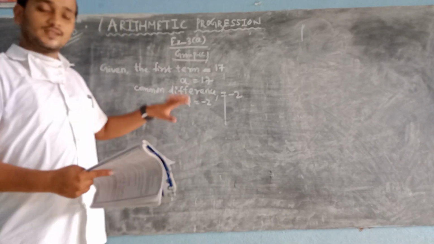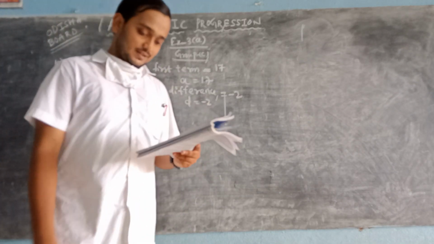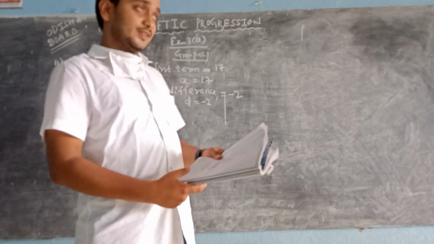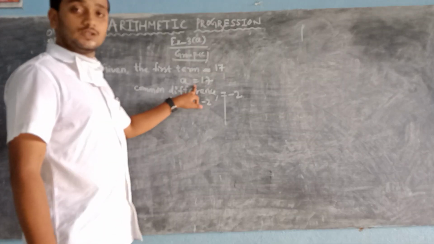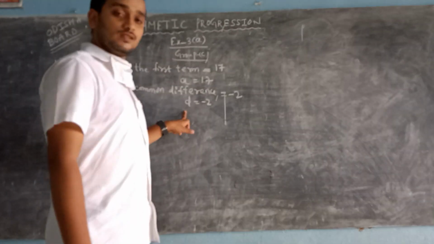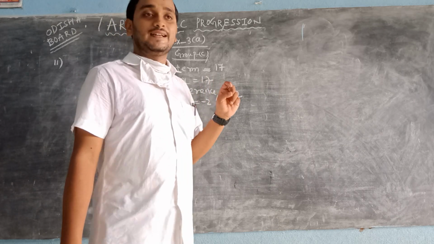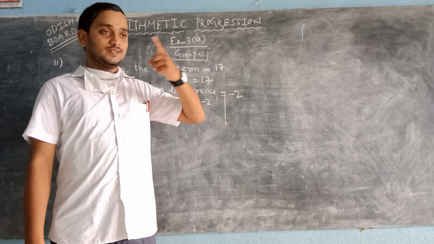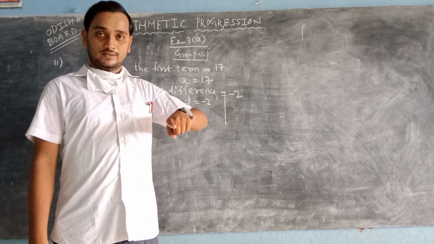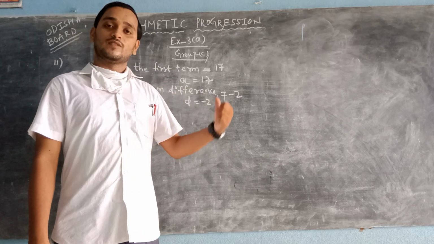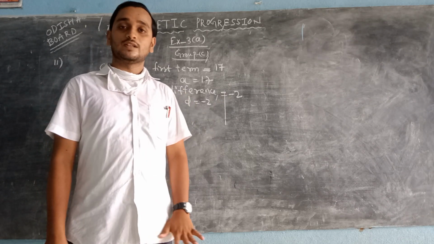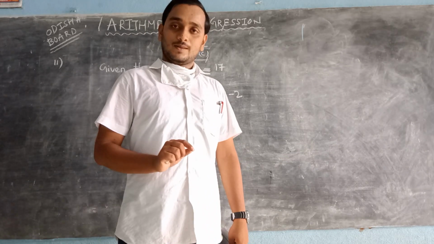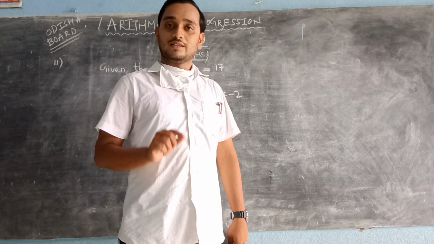This much is given. Then the sum of how many terms will be 72? There is a sequence, a is 17, d is -2. If we move on through this series, after how many terms, if we add them, will we get 72?